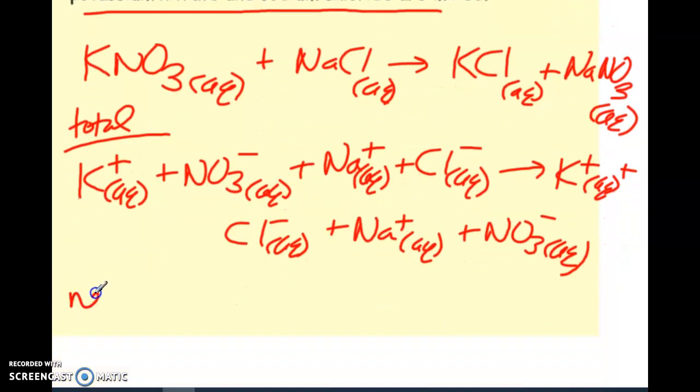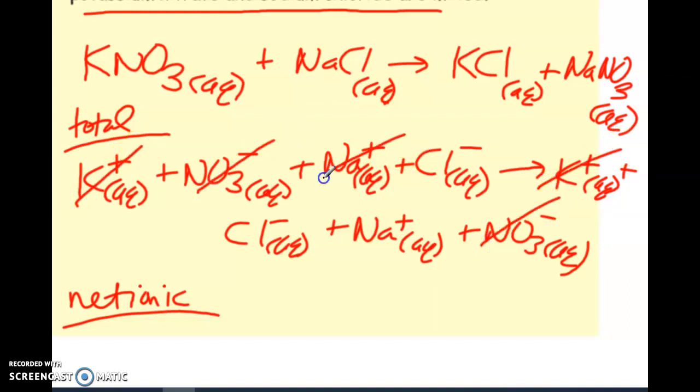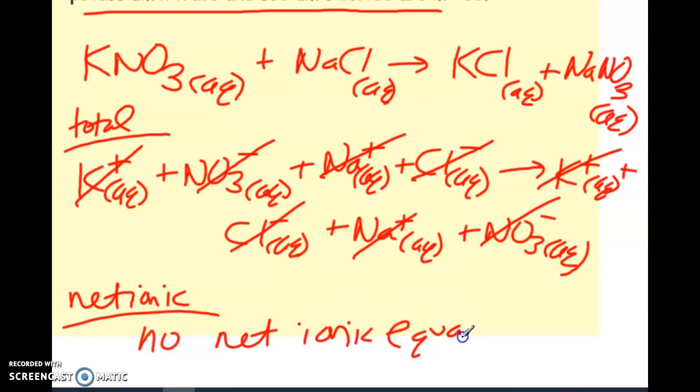So in this case, our net ionic equation, right? So remember what we're doing here is we're going to cancel out ions that are on either side. So here we have potassium and potassium, nitrate and nitrate, sodium and sodium, chloride and chloride. So actually there is no net ionic equation.